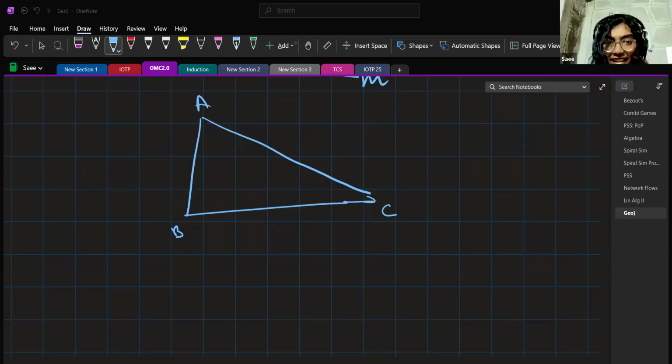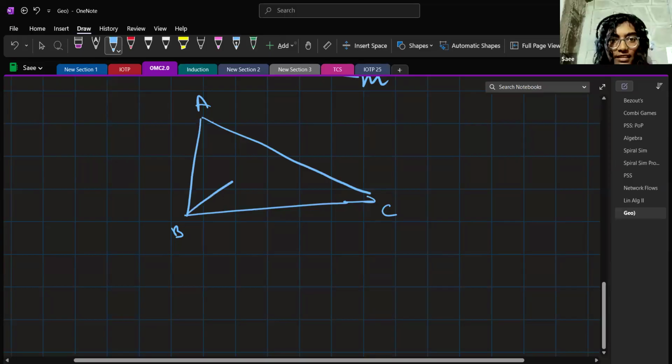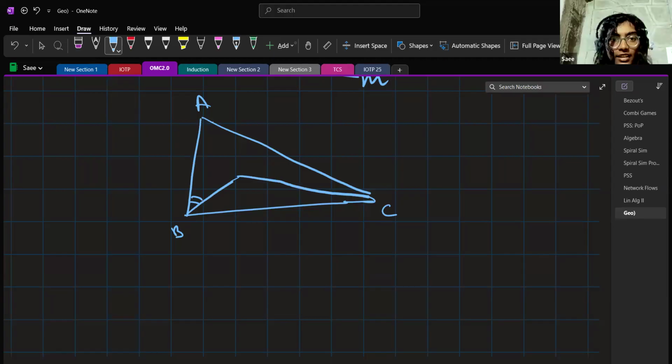Nice, nice. Okay. So again by a similar argument as earlier, we can consider the angle bisectors of two of these. Since this point lies on the angle bisector of AB and BC, it's going to be equidistant from these two. And since it lies on the angle bisector of BC and CA, it's going to be equidistant from these two.